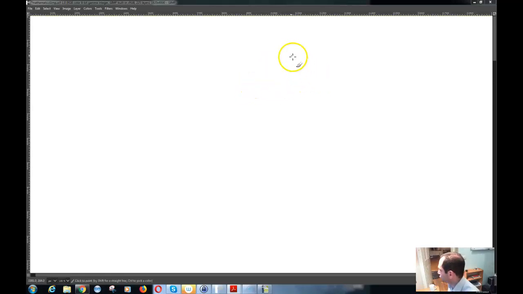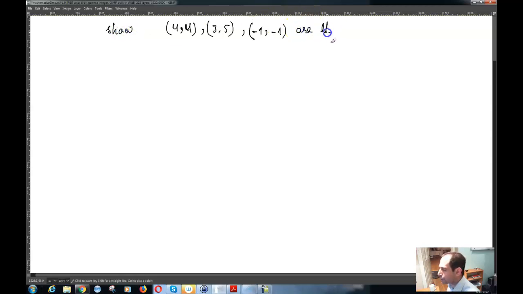So you want to show that these points 4, 4, 3, 5, and -1, -1 are the vertices of a right angled triangle.